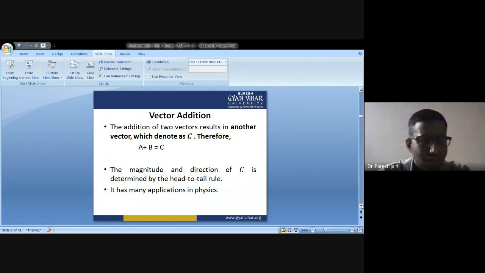It has many applications in physics. Vector addition is a simple addition with no hidden trick, and it is only for vector quantities. So this will produce the magnitude as well as the direction, because C is the resultant vector of the summation of the two vectors A and B.